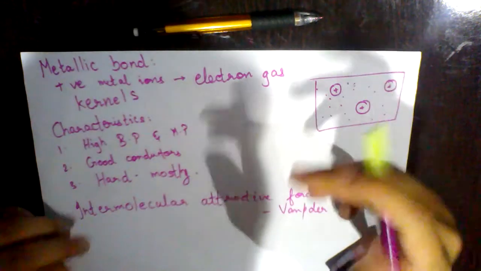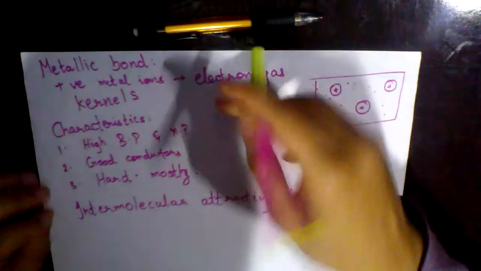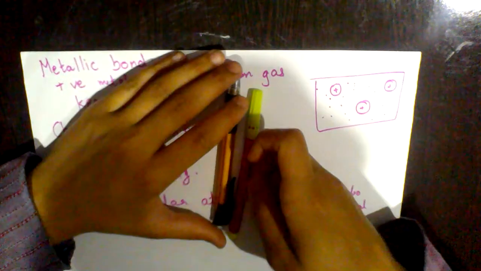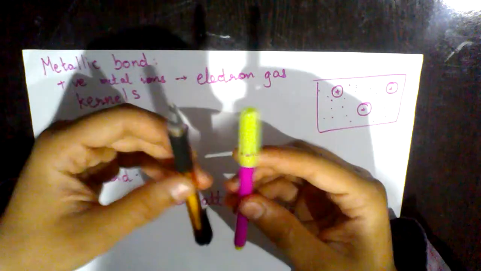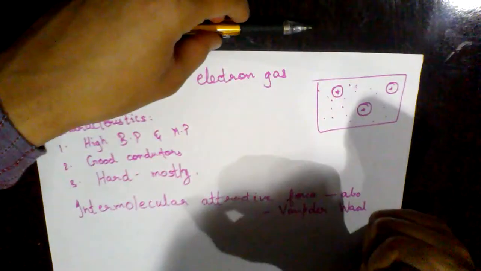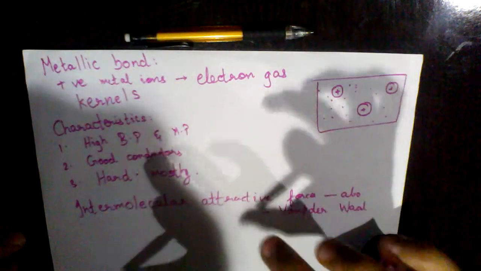These forces are weak. You may be thinking that everything in the universe has the van der Waals force. However, this force is weak, but in some molecules it is stronger than the repulsive force.